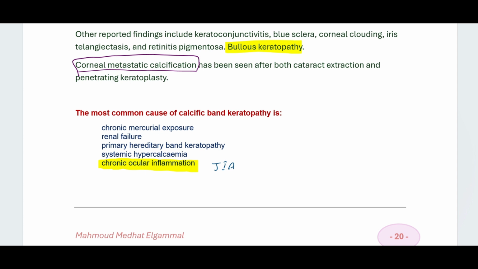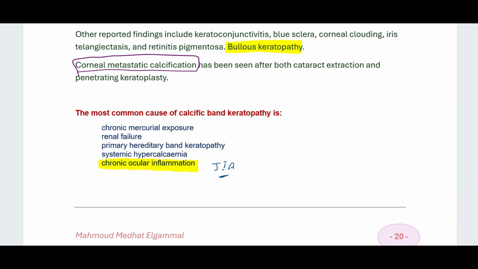So in your clinical exam, you might face a case with cataract or pseudophakia, young age in the 20s or 30s, and maybe glaucoma like a valve, signs of chronic uveitis, and band keratopathy. So for this patient, please don't forget to mention his JIA.